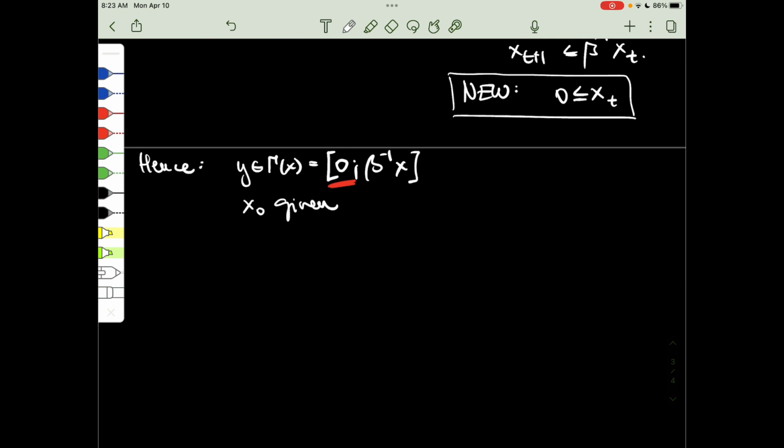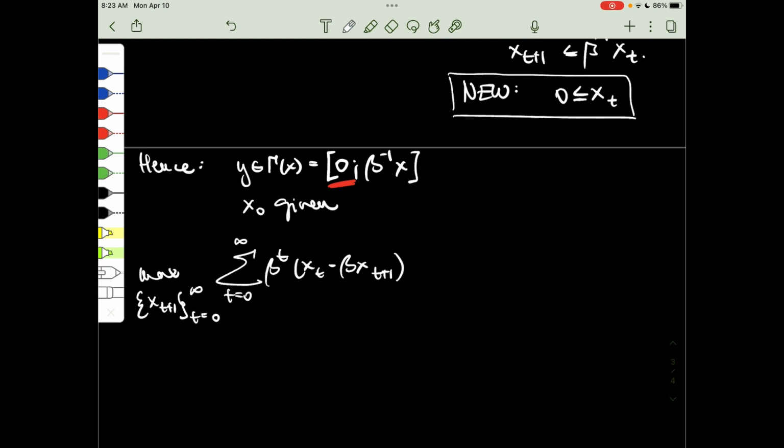Let's expand the objective function. And it's gonna be fun. Because it simplifies the problem.